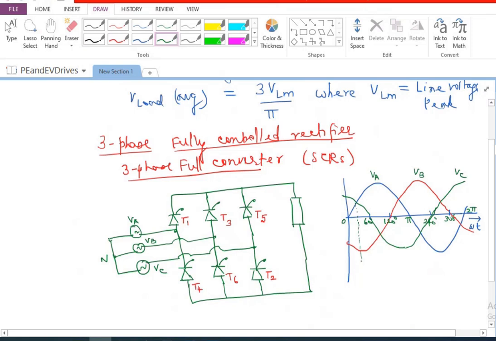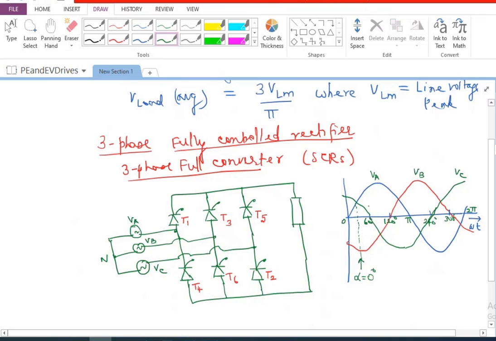So this is the natural point of takeover of T1 in this particular case. So let me call this delay angle equal to 0. If I don't give any delay angle, this is the point at which T1 would have started conducting. So my delay angle always has to be calculated from this as the reference point.